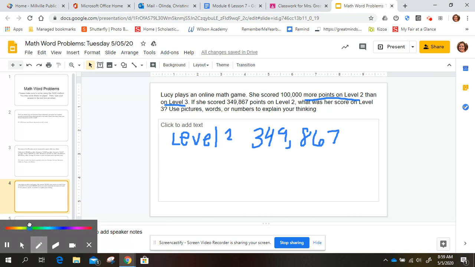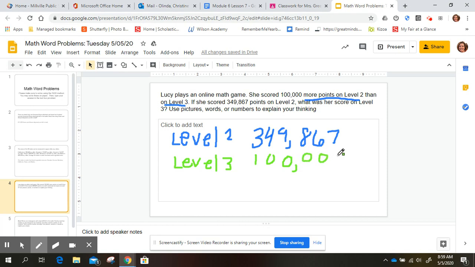But on level 3, she scored less points, 100,000 less points, because it says she scored more on level 2. So if I need my answer to be less than the level 2 score, I need to subtract. Level 3's number has to be smaller than level 2.